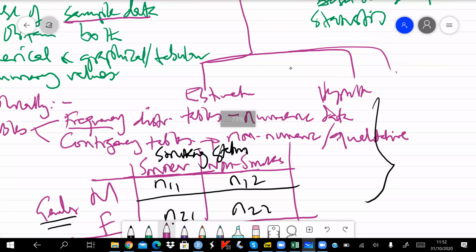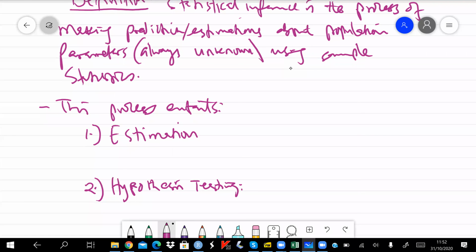Okay. So when we talk about estimation, this comes in two ways. So we have what we call point estimation. This is when you use a single value from the sample to estimate the unknown population value.